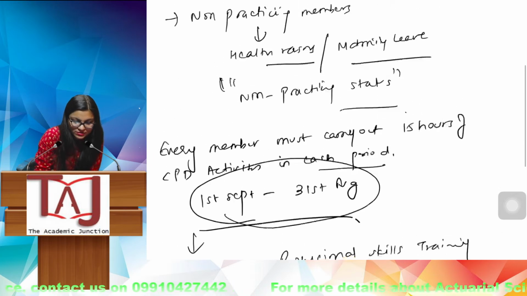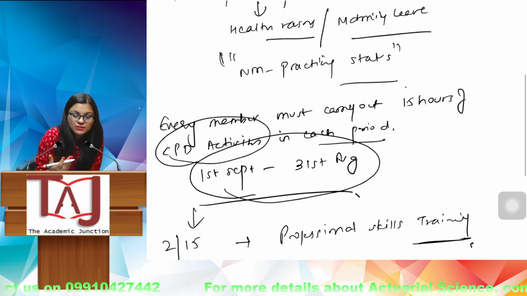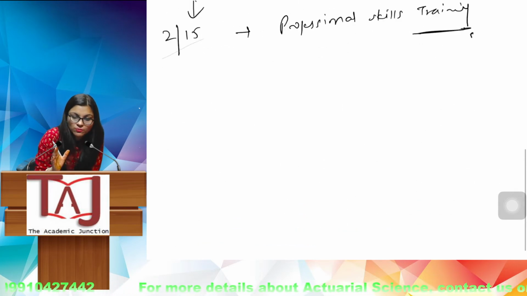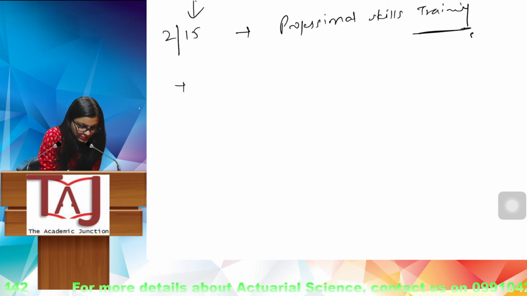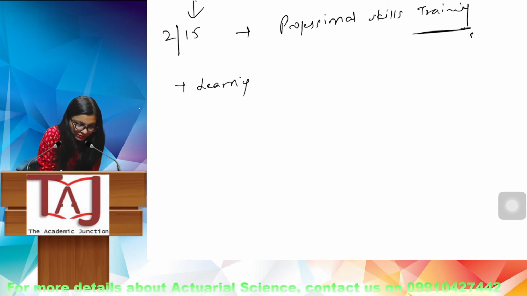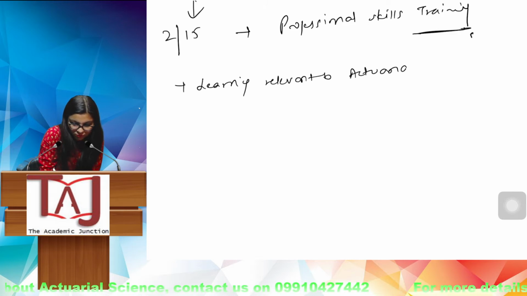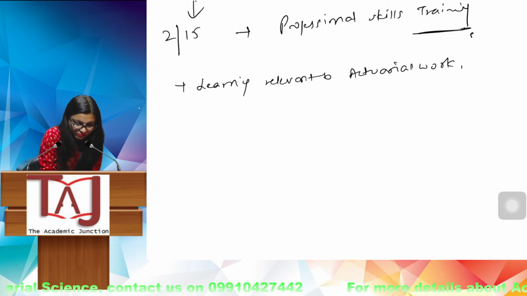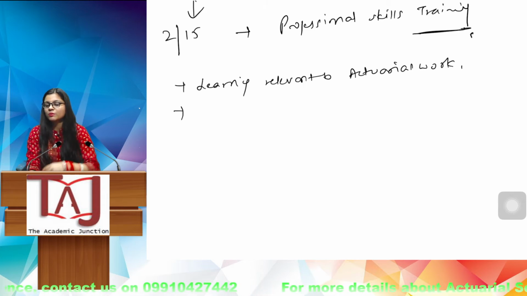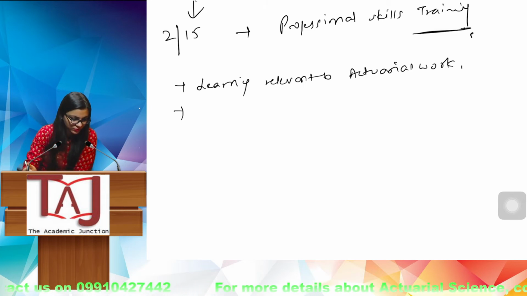अब this raises the question that what exactly are CPD activities? कौन से activity को हम बोलेंगे that these are CPD activities? If you are learning something which is relevant to actuarial work, this will be tagged as your CPD activity, first thing.